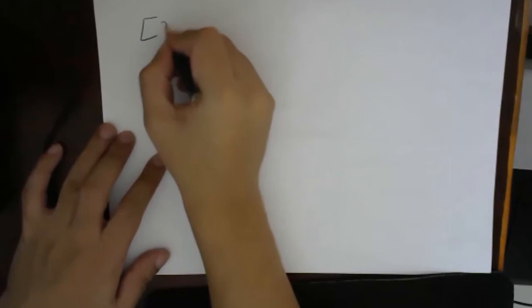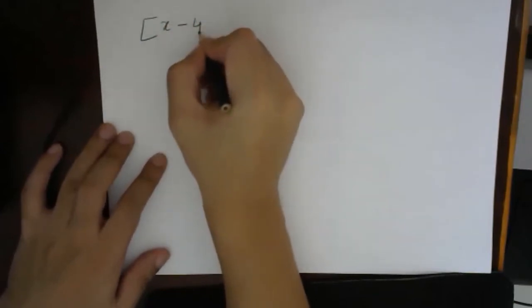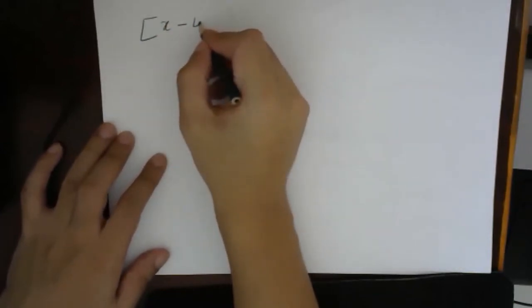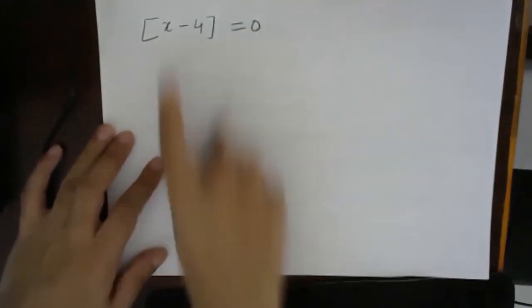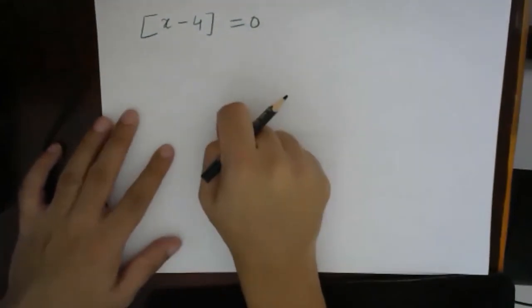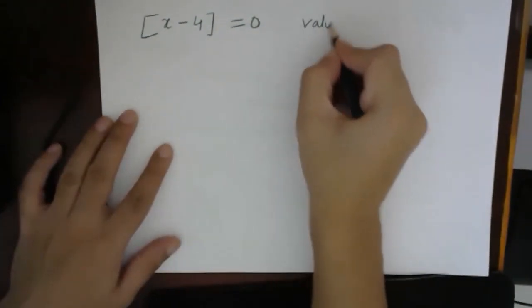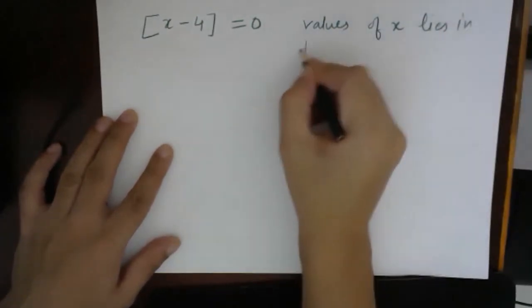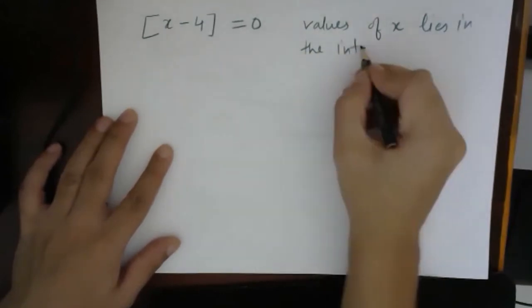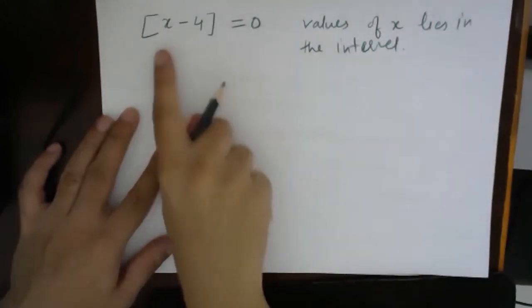Okay, let's write a question. Suppose I have written greatest integer of x minus 4 equal to 0.